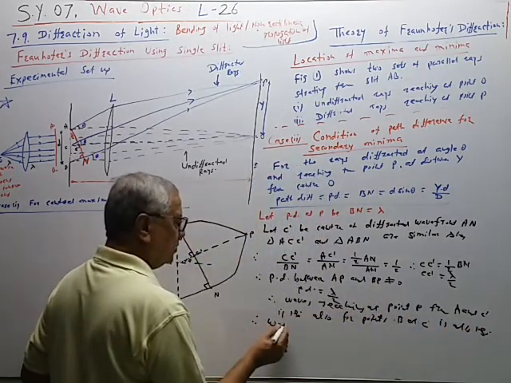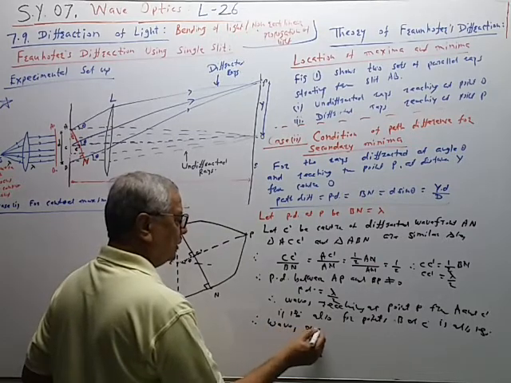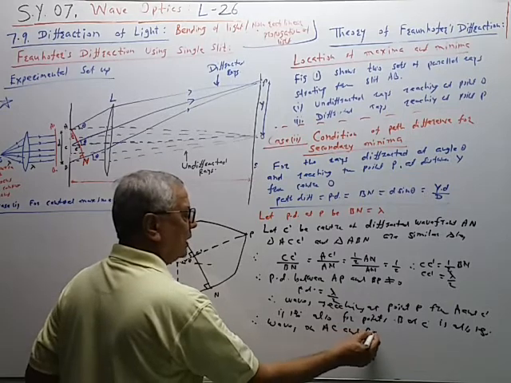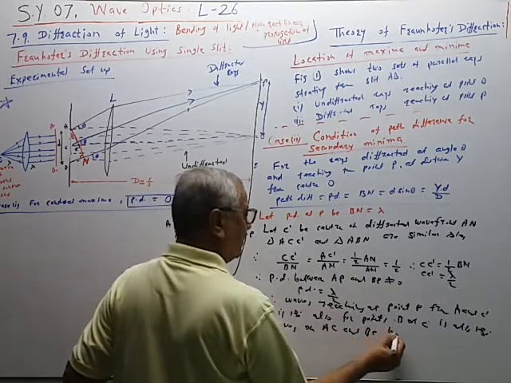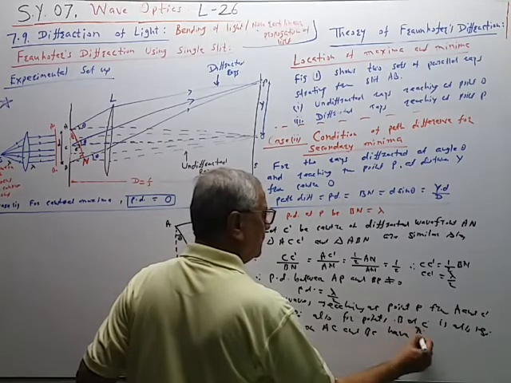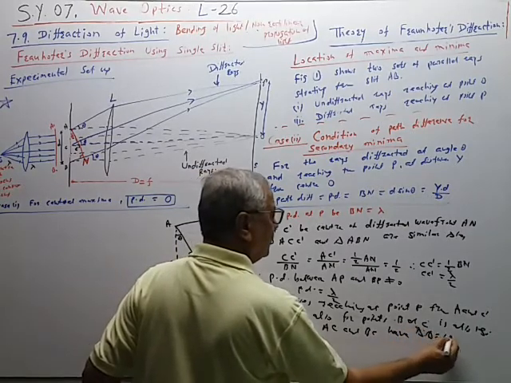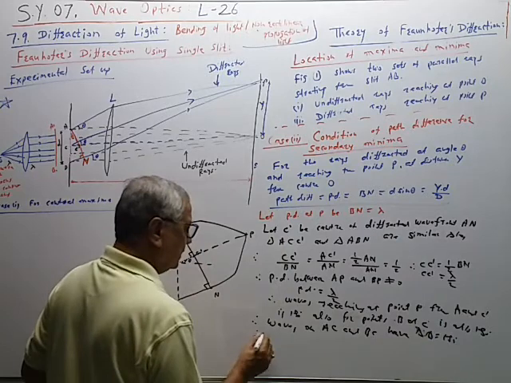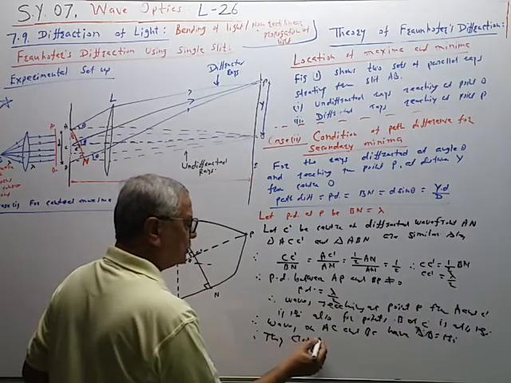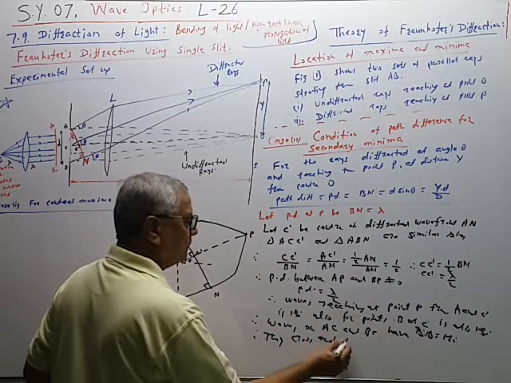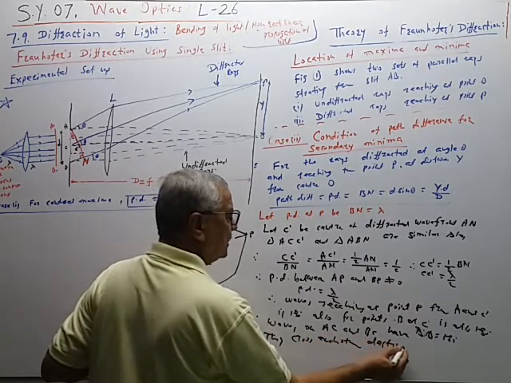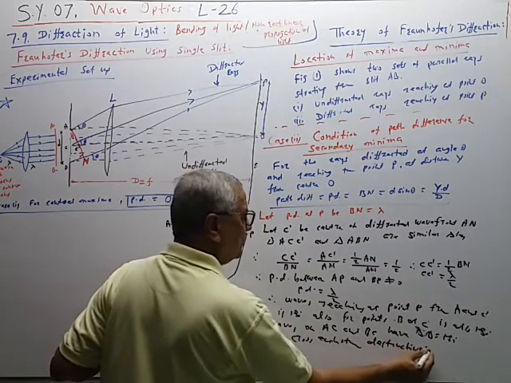So waves on AC and BC have phase difference equal to 180 degree. Therefore, they cross, they superimpose each other destructively. 180 degree means it is a destructive interference.